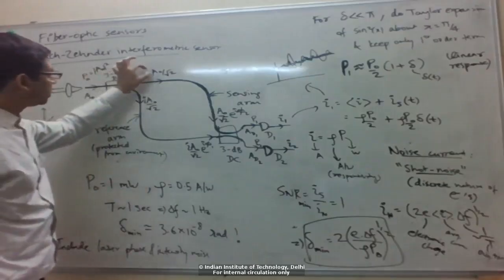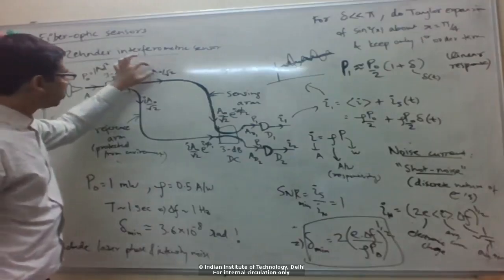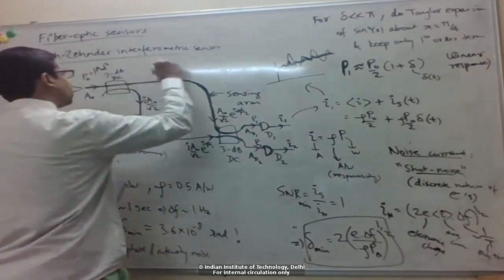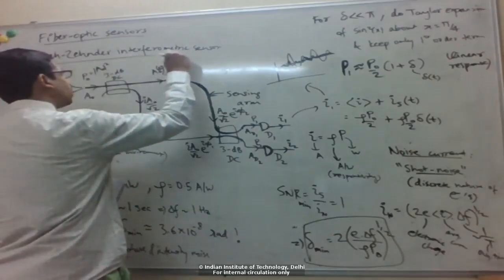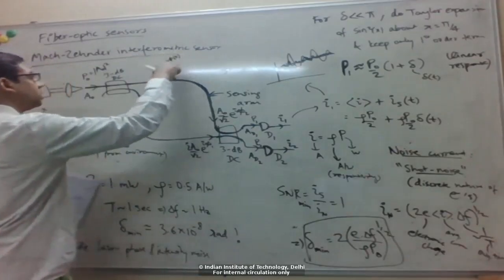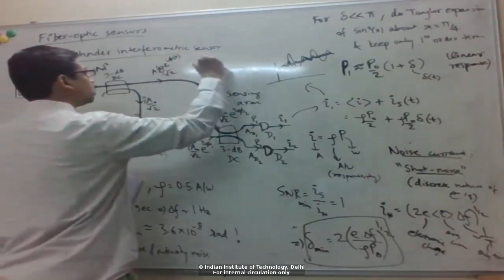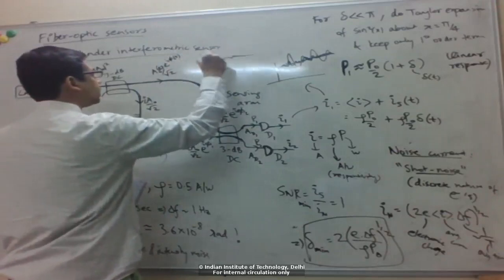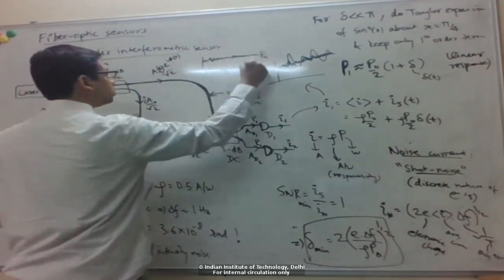There are small fluctuations in the magnitude and also the phase of this A naught. So this is also a function of t, and then you have some e to the i phi of t. These are functions of time, right? So if you look at the power, it fluctuates a little bit around the average value.